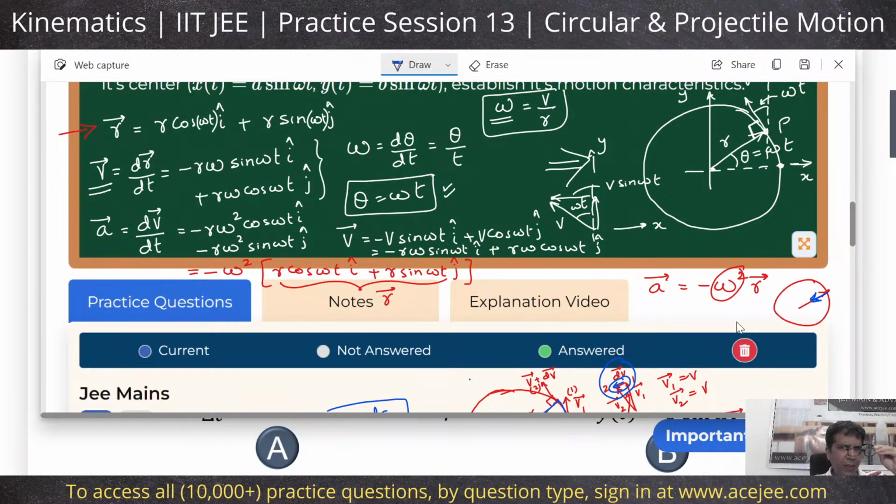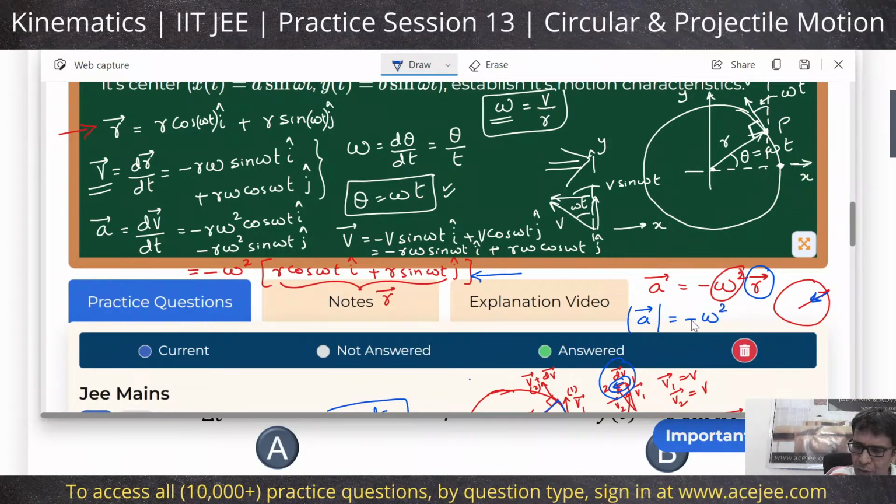In fact, let me just talk about the last thing as well before I say yes, we have proved everything. What's the magnitude of this acceleration vector? Minus omega square r, magnitude of this vector. The magnitude of r vector is r, and the magnitude of a is omega square r.